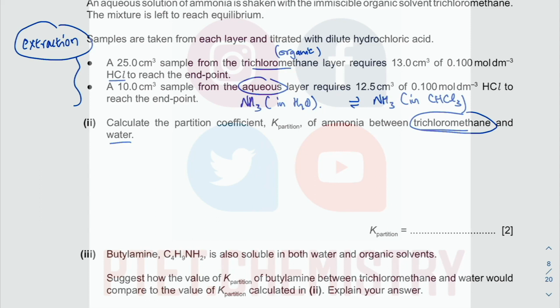Each of these is NH3 reacting with HCl. So thinking about the equation, that will give you NH4Cl. That is a balanced equation. 1 mole of this reacts with 1 mole of it to give you NH4+ and Cl-. So the equation is balanced like that. The mole of NH3 over the mole of HCl is 1:1.